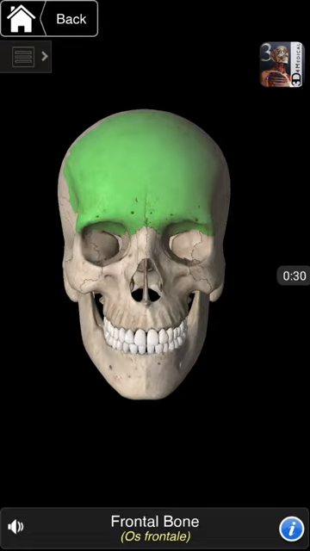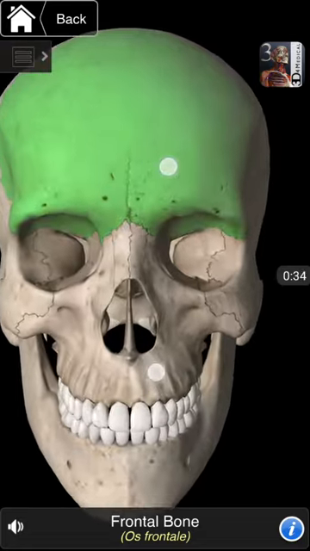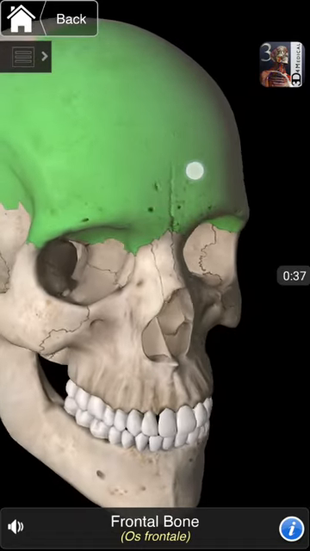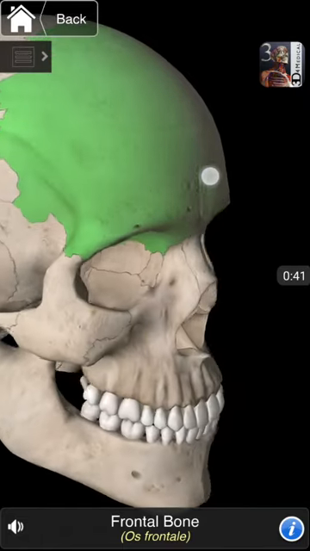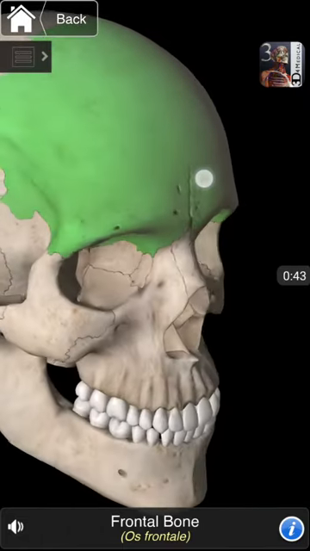So when we talk about the frontal bone, if I zoom in a bit, the frontal bone is smooth and convex anteriorly.